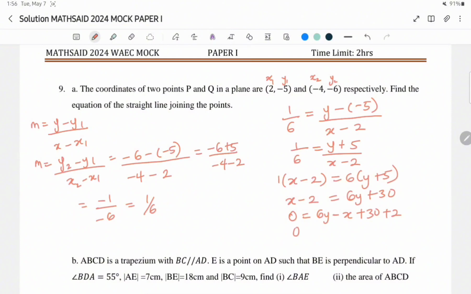So that means 0 equals 6y minus x plus 32, or you can just say the equation of the line is 6y minus x plus 32 equals 0.